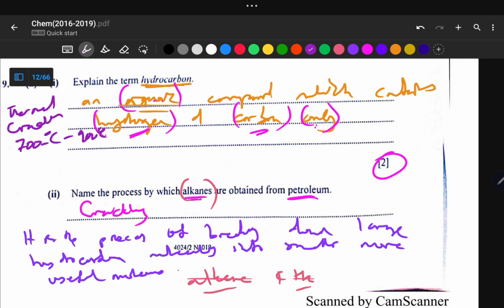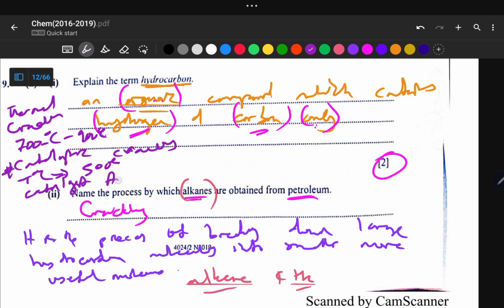Then we have catalytic cracking, where we're going to use a temperature of 450 degrees Celsius, and we're going to use a catalyst, since it is called catalytic. The catalyst is aluminum oxide, or you can say zeolite. So these are the conditions for catalytic cracking, right?